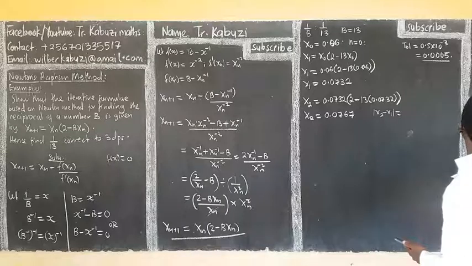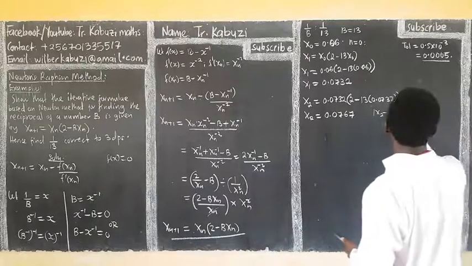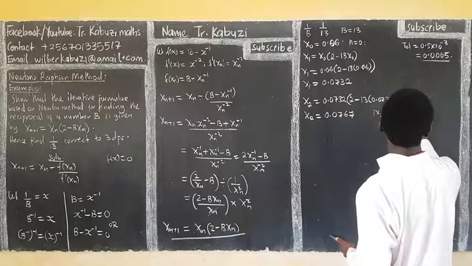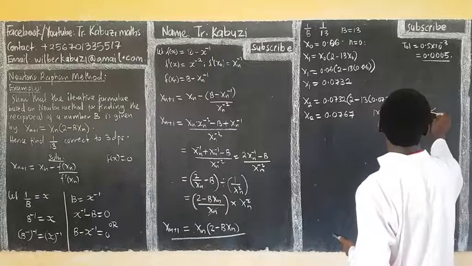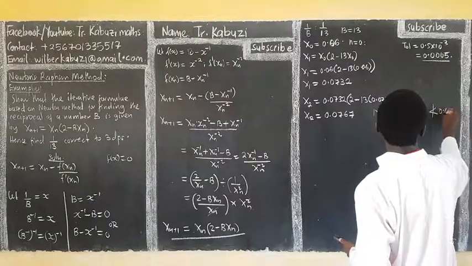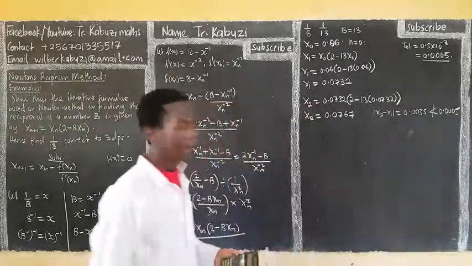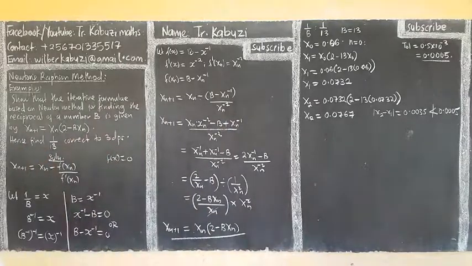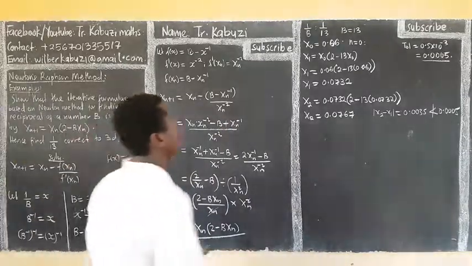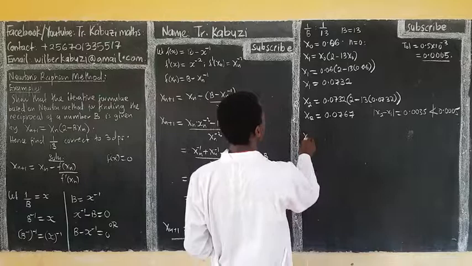0.0767 minus 0.0732. Here I'm getting 0.0035, which is not less than 0.0005. So you go for another value there. Another value, now you come for x3.